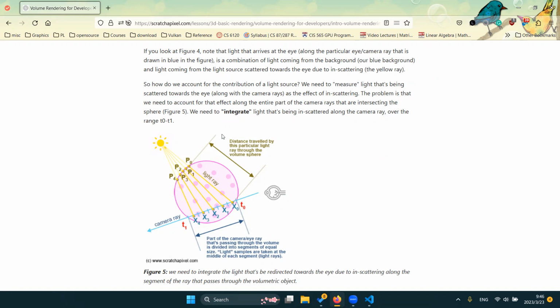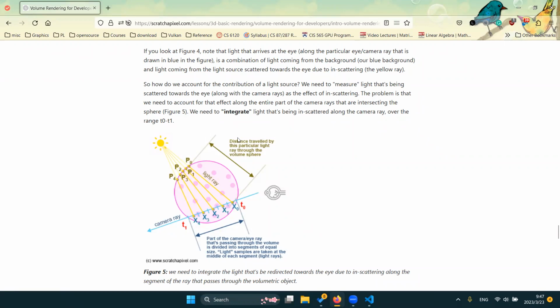But then for every one of those rays that's going from X0, X1 back to the light, you have to scatter along those rays as well. And then any point on there, you have to scatter along all those rays. So it's like an infinite tree of scattering events that could have happened before it got to the eye.